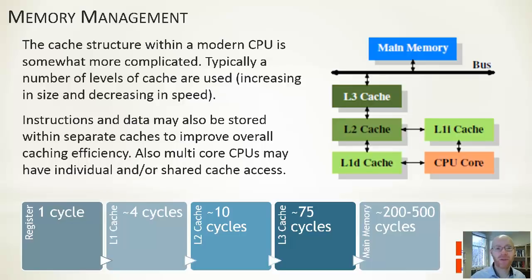So the level 1 instruction cache generally holds the program. It operates on the assumption, as do most of the caching algorithms, that if you're executing one instruction in memory, the next instruction you want to execute is likely to be the one just after it in memory. So it's more of a sequential, linear process. Obviously, if you have a for loop or a while loop, then you're iterating over a certain duration.